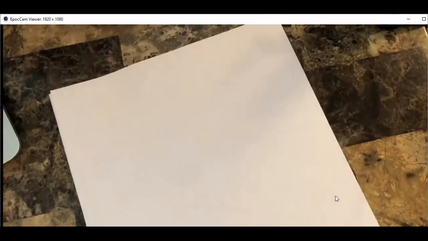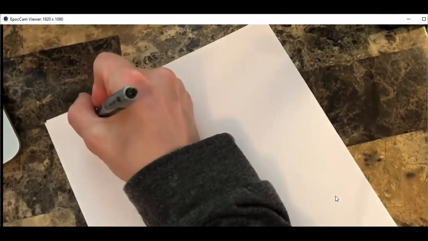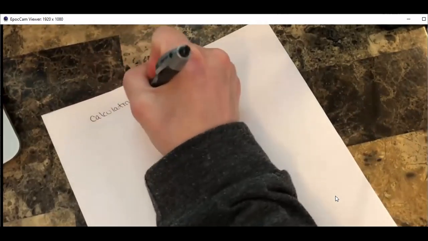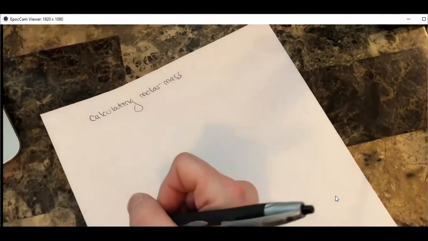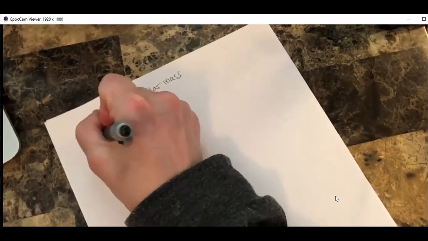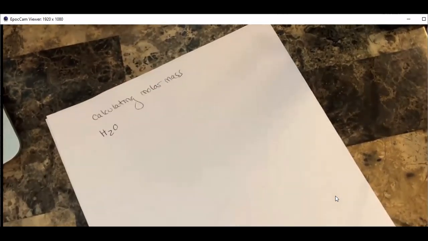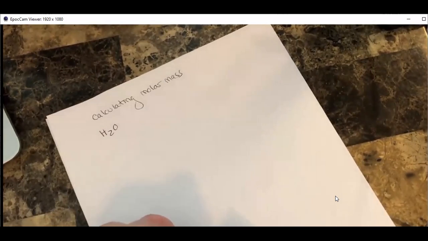What we're looking at calculating is the molar mass of a compound. Let's look at water, right? We know water, H2O. We want to look at what is involved in the compound and how many of them there are.